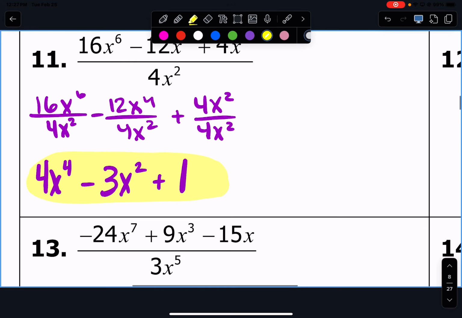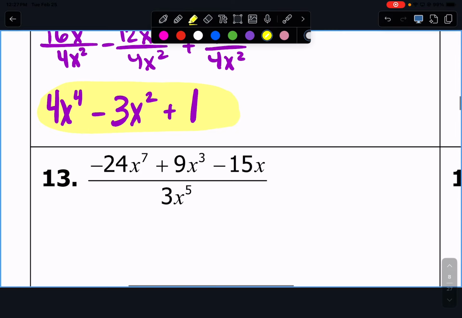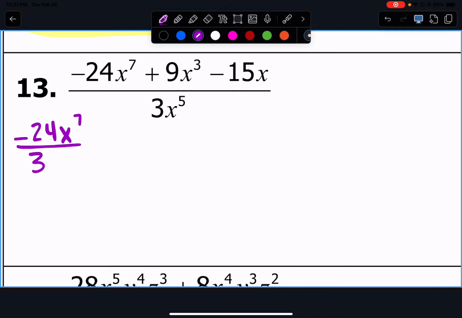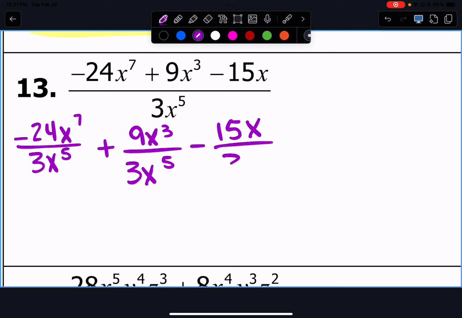Number 13 is one I want us to pay close attention to, though. Okay? So for number 13, we have negative 24x to the 7th plus 9x to the 3rd minus 15x, all divided by 3x to the 5th.